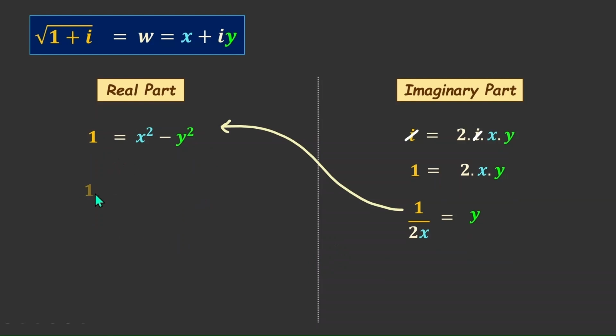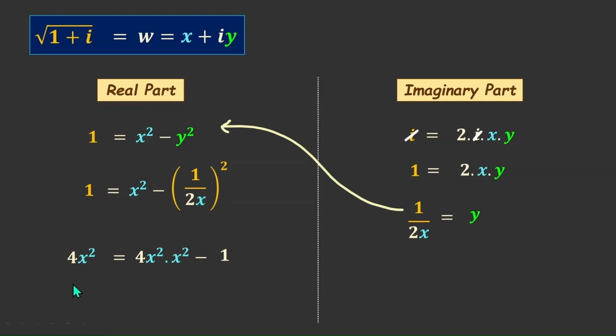And let's try to get the whole equation in terms of x, so we can find the value of x. So this becomes 1 is equal to x squared minus (1 by 2x) whole squared, because y is equal to 1 by 2x. And when we square it up, we get 1 divided by 4x squared. So we'll multiply the entire equation by 4x squared. So we get 4x squared is equal to 4x squared into (x squared minus 1).